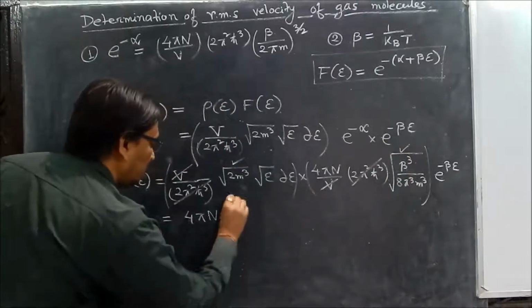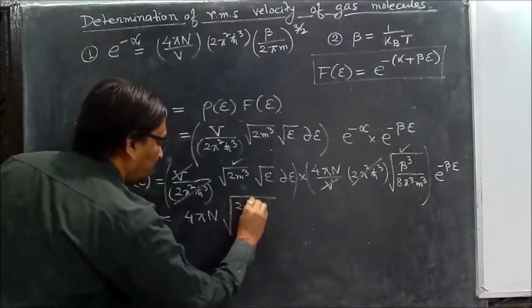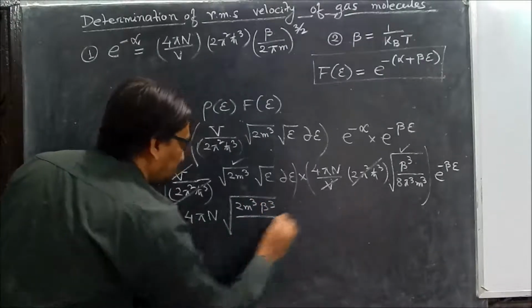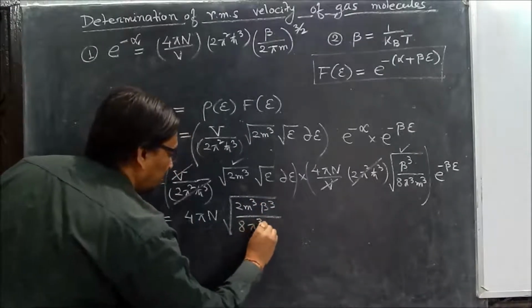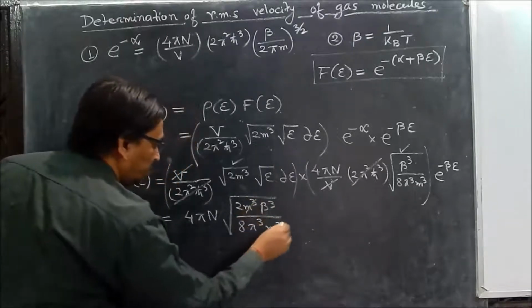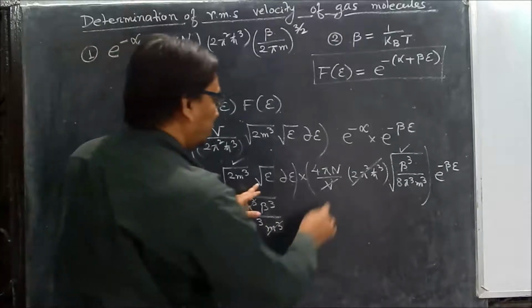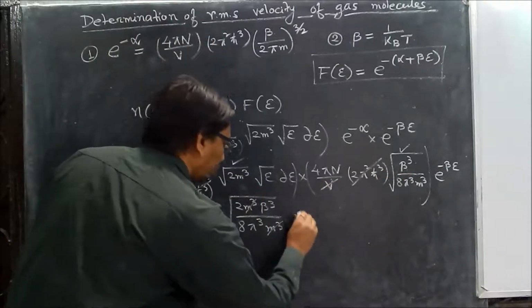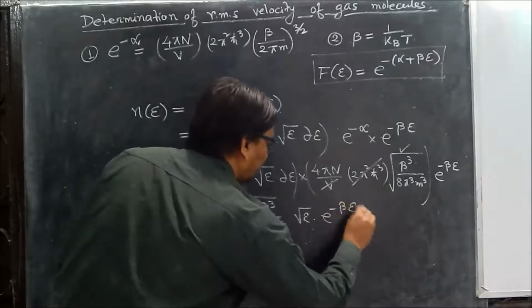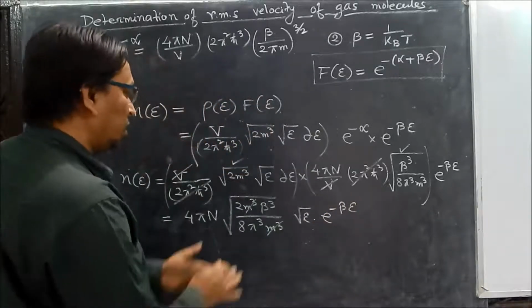So this will be under root 2 m cube and beta cube divided by 8 pi cube and m cube. So here also m cube will be cancelled, and the remaining part that we have is root under epsilon and e to the power minus beta epsilon.